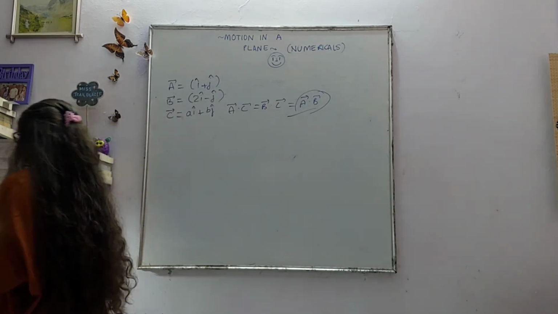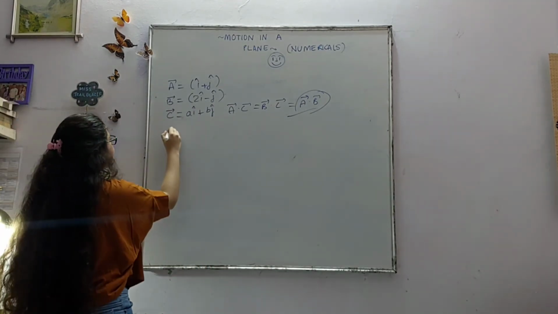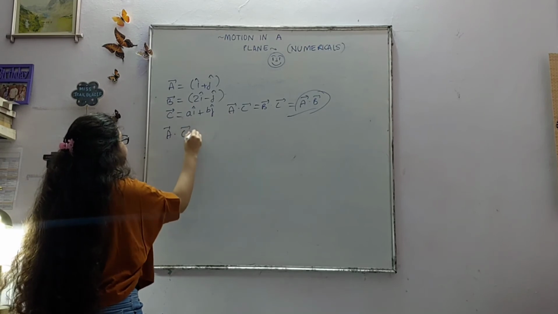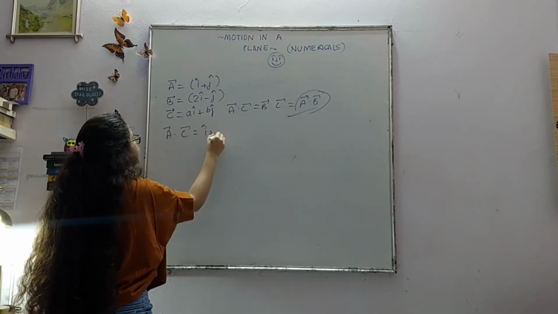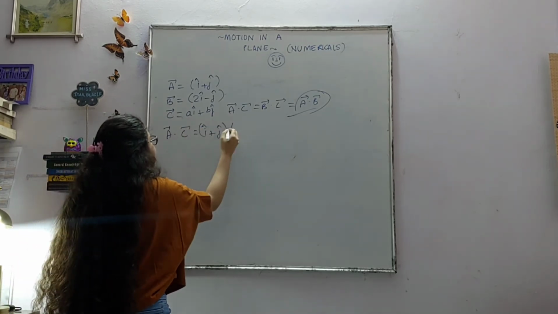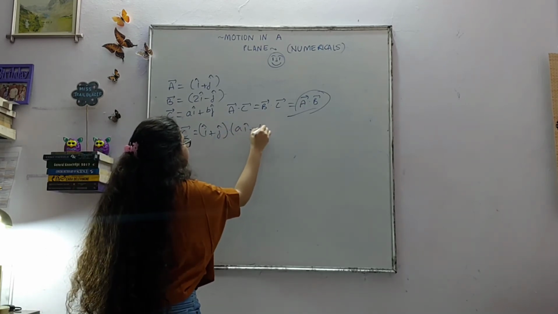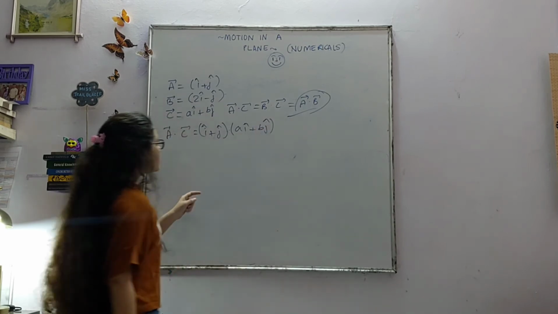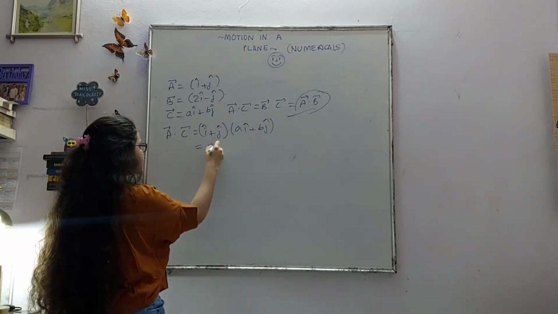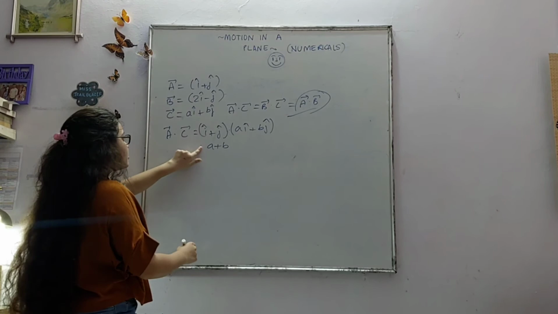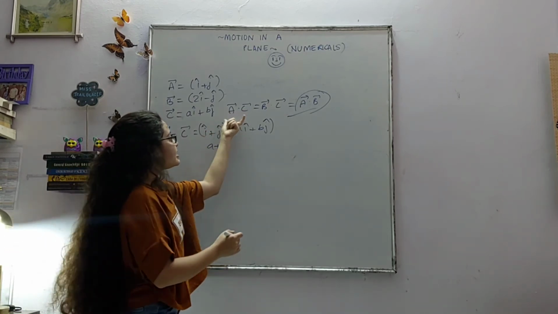Now A dot C. A dot C is i cap plus j cap dot a i cap plus b j cap. So what do you get? Here you get a plus b. Now see, this is equal to this.